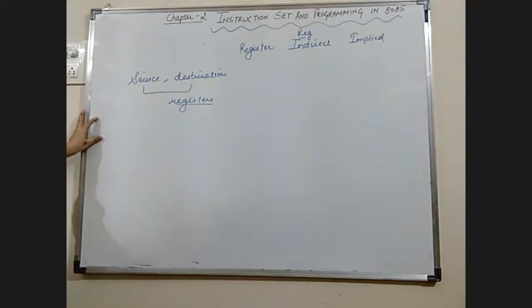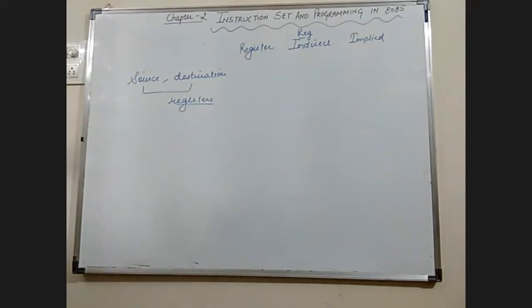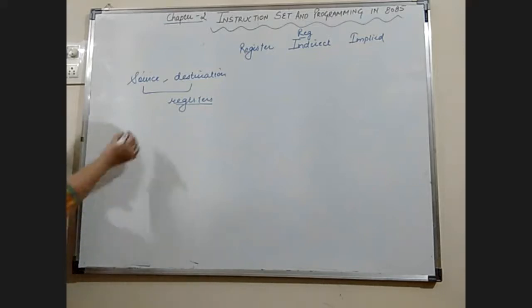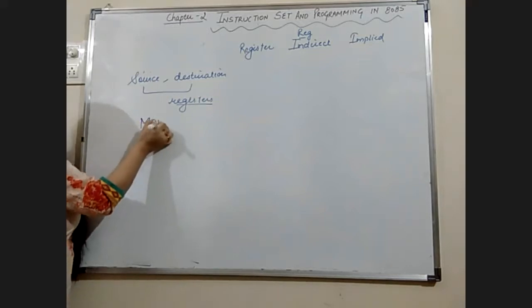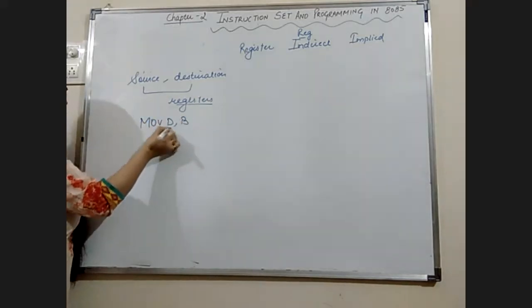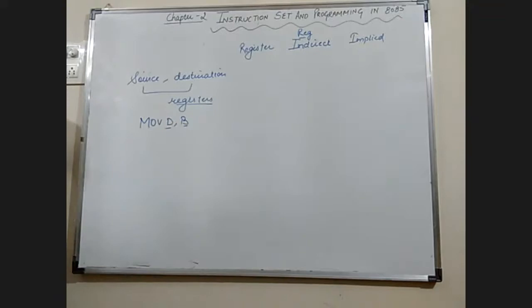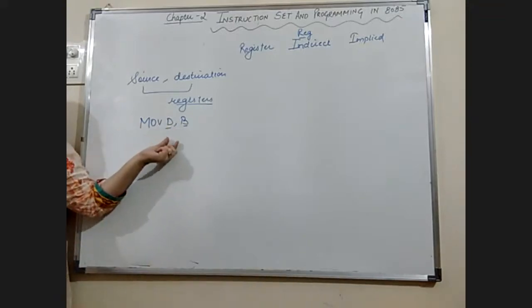So here the opcode specifies the operation as well as the registers to be used for the operation. For example, we have an instruction MOV D, B. In this instruction you can see both the source as well as the destination are registers.